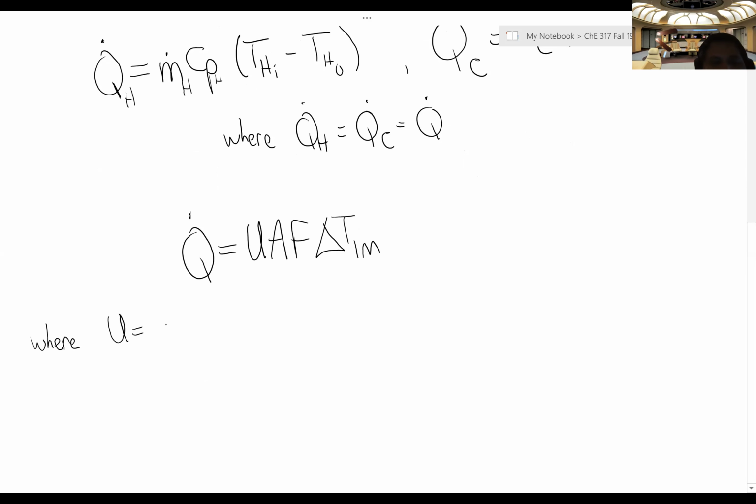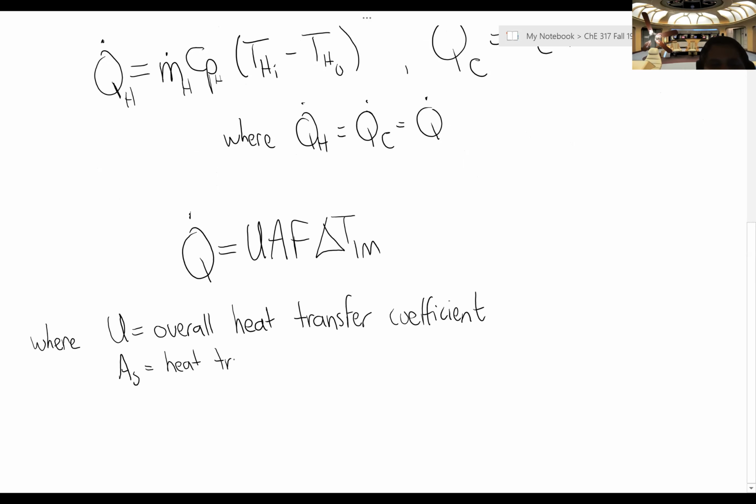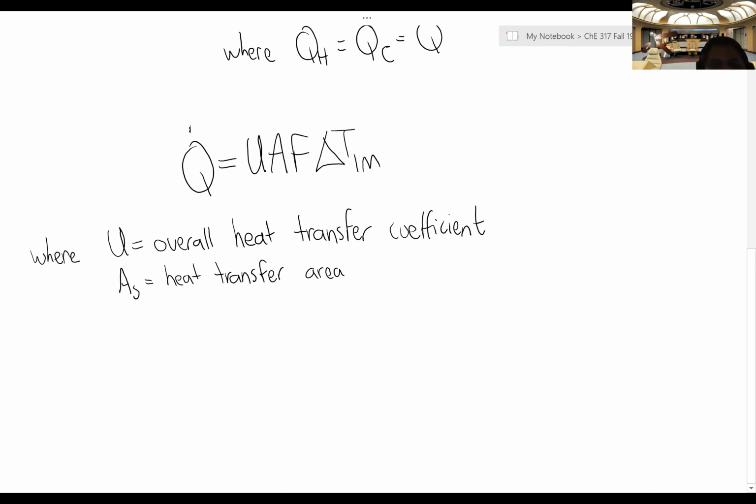Where U is our overall heat transfer coefficient, A sub S is our heat transfer area or surface area, F is, I'll call it a flow corrective factor. We'll talk about that here in a little while. And delta T log mean is our log mean temperature driving force.